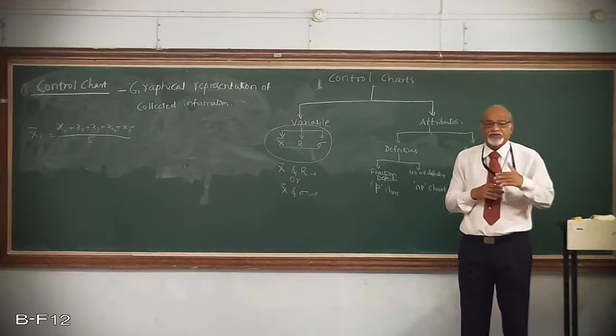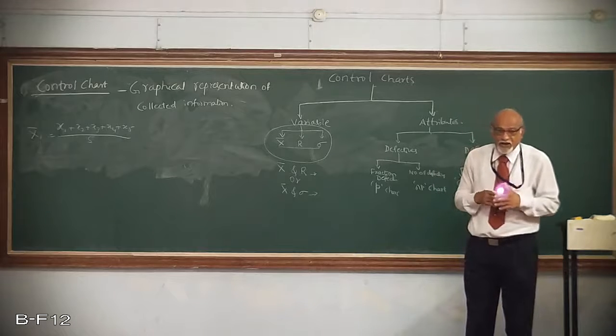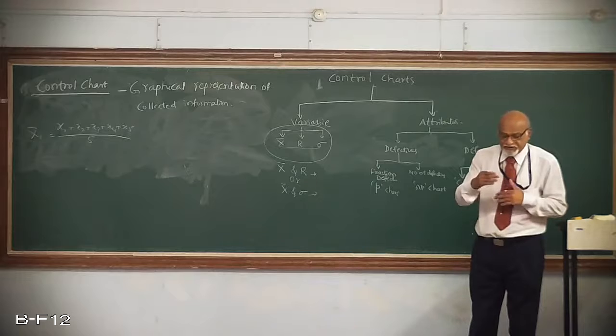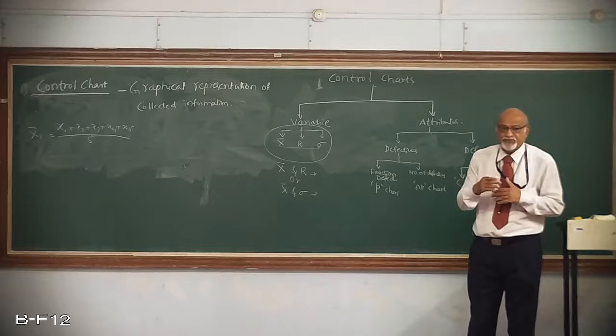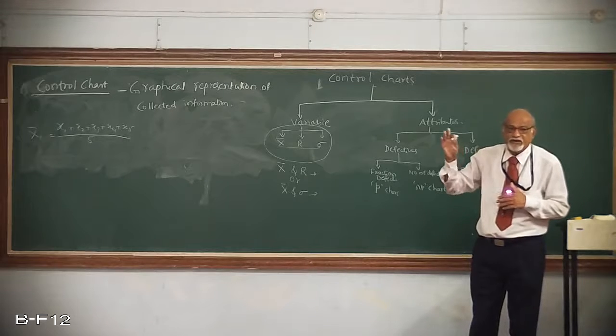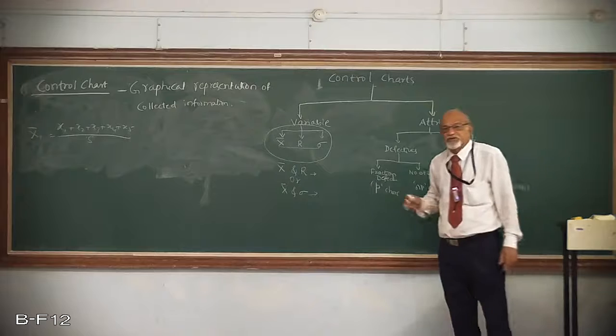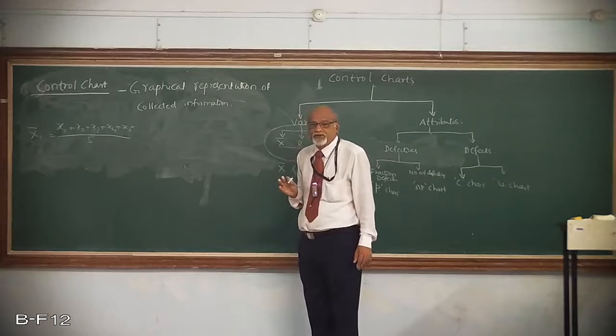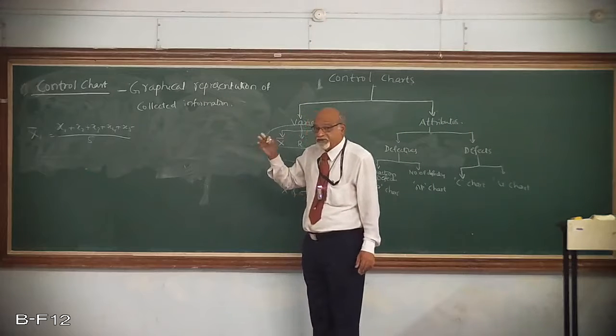That is what I need to specify. That is called the limits. These limits I have to find out and put on that control chart, which specifies the limit. That is what I have to establish.